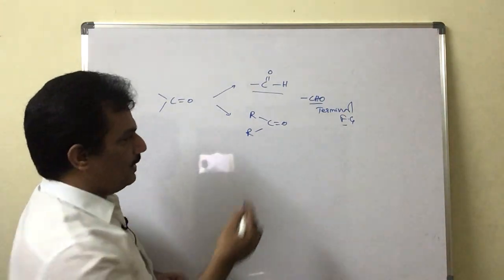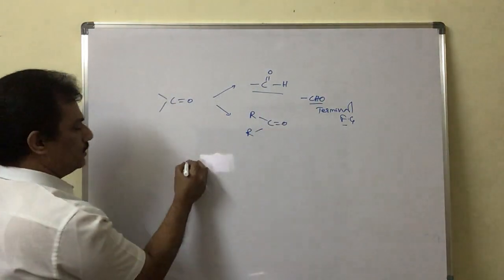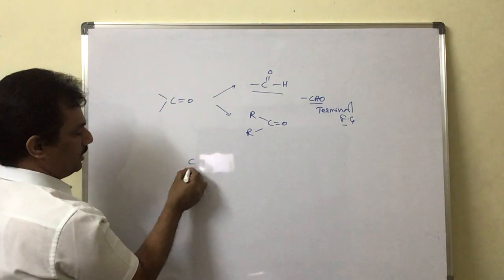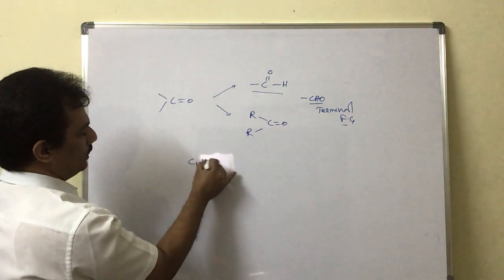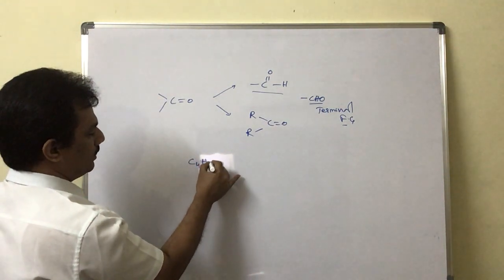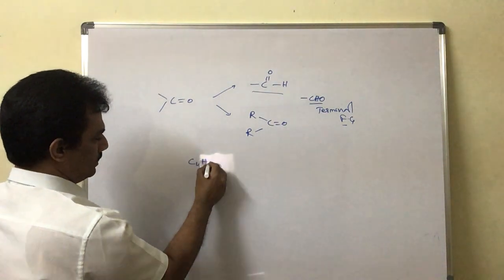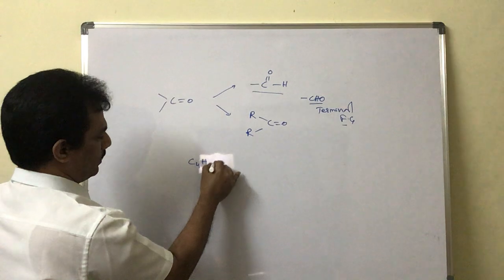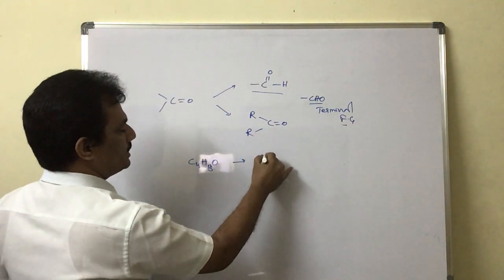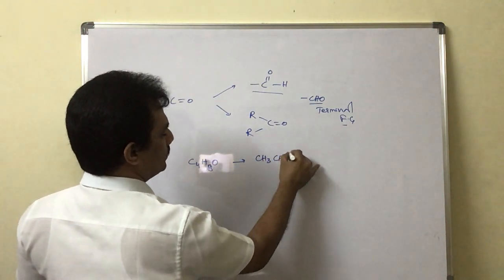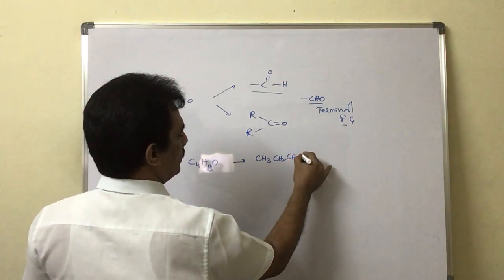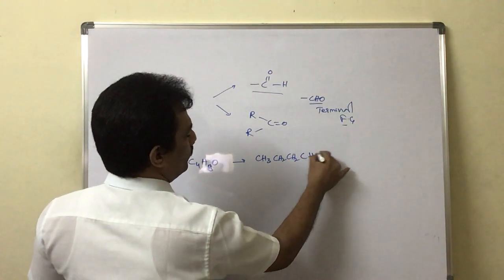For example, take C4H8O. We can write this as CH3, CH2, CH2 and CHO.